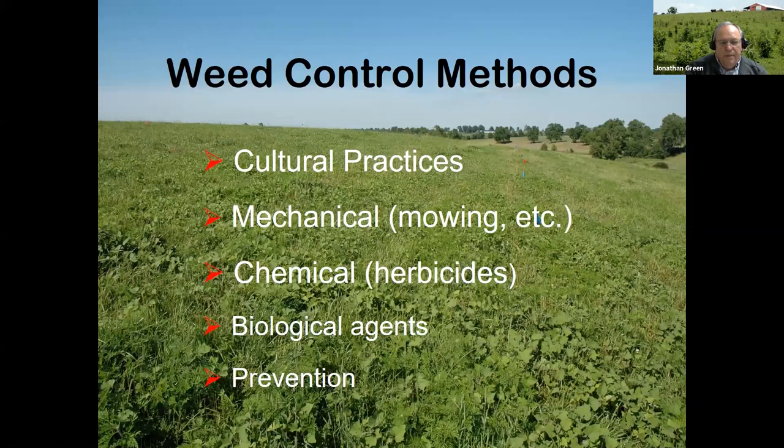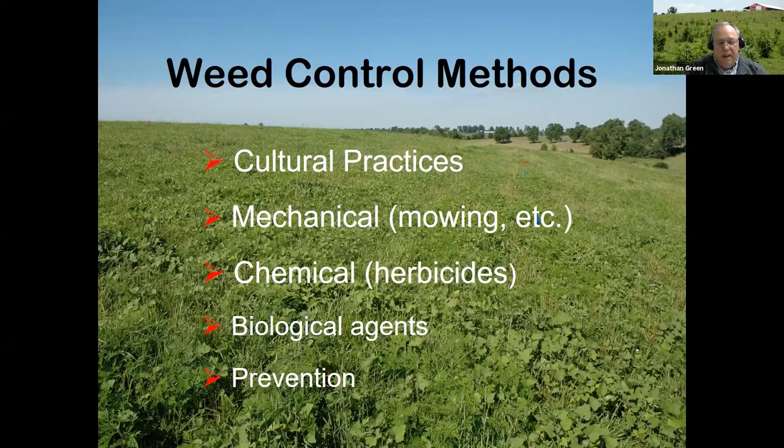First of all, the cultural practices. That again is the management side of things, the things that we can do. Mechanical control is probably one of the bigger tools that is often used to suppress weed growth in pasture fields. And then we have some herbicide options, particularly for broadleaf weeds in our grass pastures and hayfield situations.